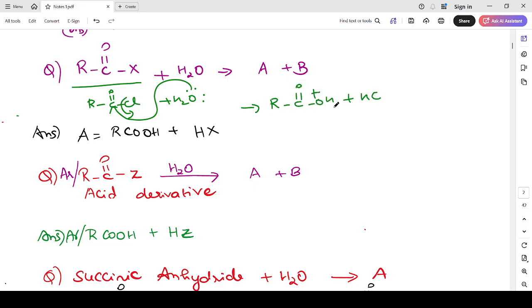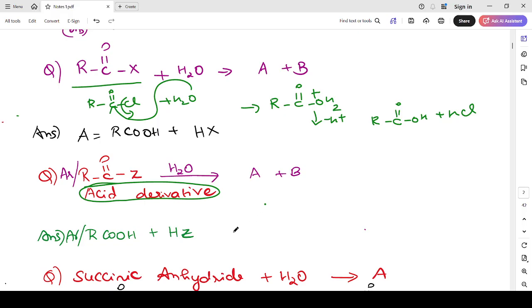Release of H plus will give you RCOOH, and then you will get HCl. That's what I have written in one single step here. So any acid derivative for that matter, you'll get the same product only.